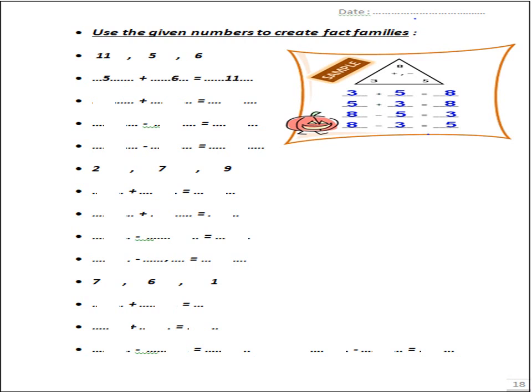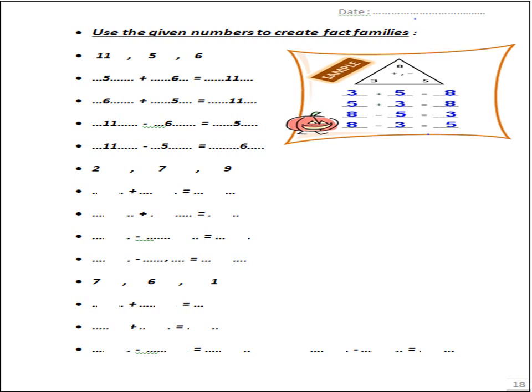And in another example we will write 6 first, so it will be 6 plus 5, it will be 11. In subtraction we choose the big number to come first, so 11, one time choose 6, so it will be 11 minus 6, it gave me 5. And another time 11 choose 5, so it will be 11 minus 5 gave me 6.